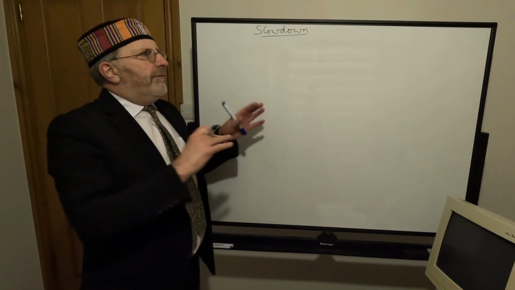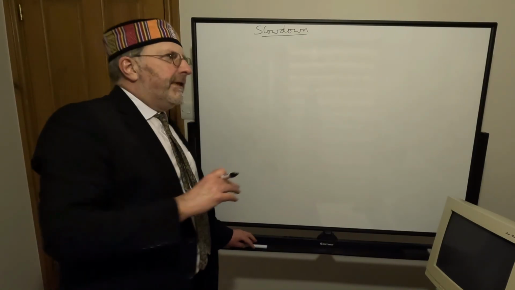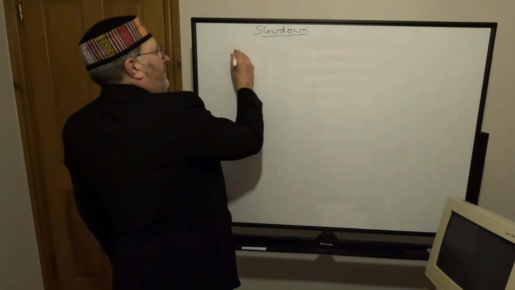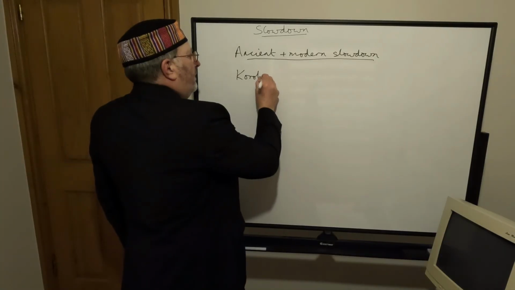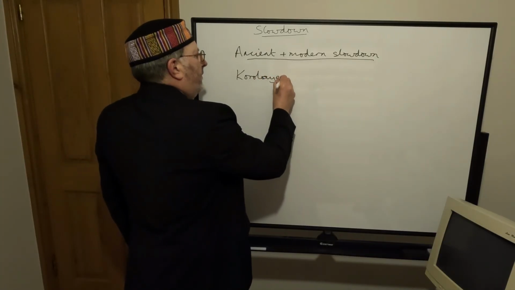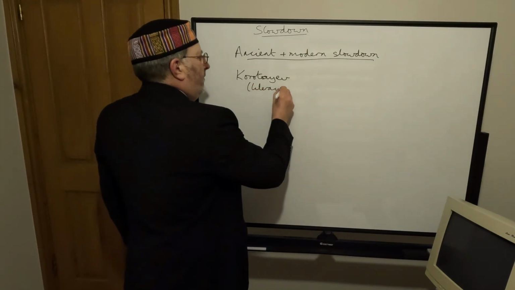So I'll just say a few words on what people say about the ancient versus the modern slowdown. For Korotayev et al., as is seen, they have this theory in terms of literacy.